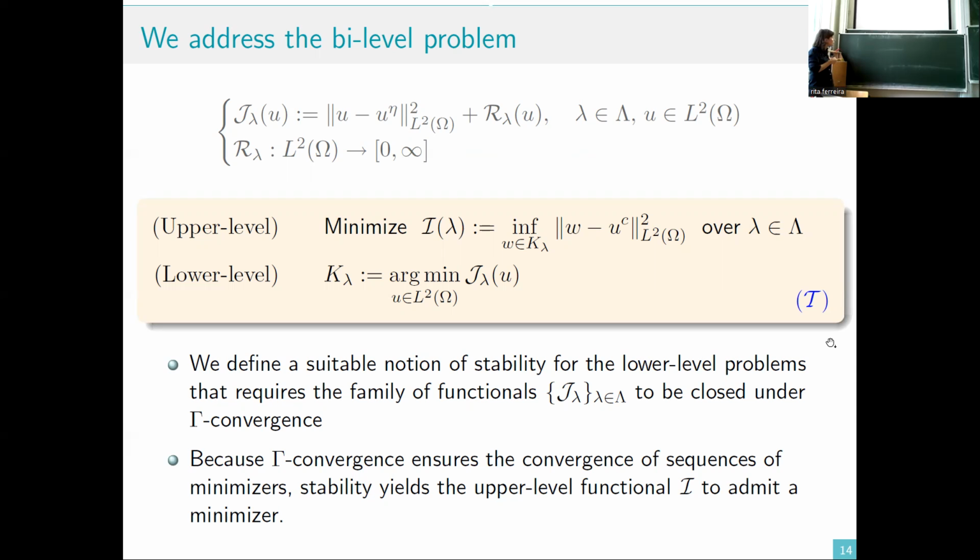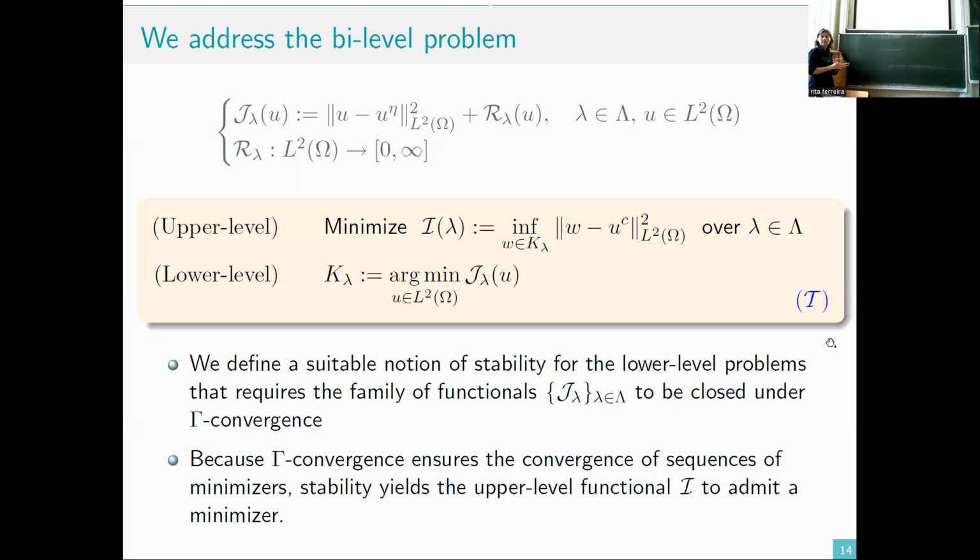And then the overall plan is going to be like this. We are going to introduce a suitable notion of stability for these lower level functionals, which means that it's going to be closed under gamma convergence. I'll come to that. And because gamma convergence gives convergence of minimizers, automatically we will guarantee that this bi-level problem has a solution.